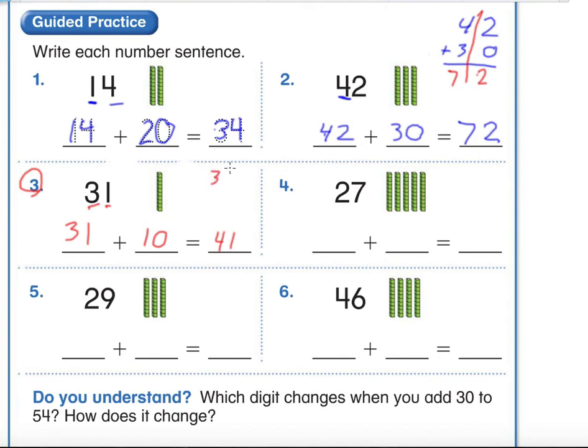So if we want to rewrite this addition sentence, we could say 31 plus 10, and then we put up our little separating line. 1 plus 0 is 1. 3 plus 1 is 4. And we still get 41. Either way, however you want to do it, whatever's easiest for you is fine.